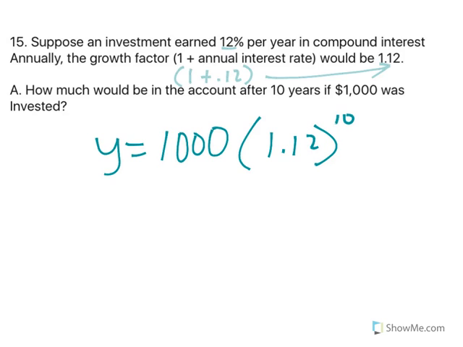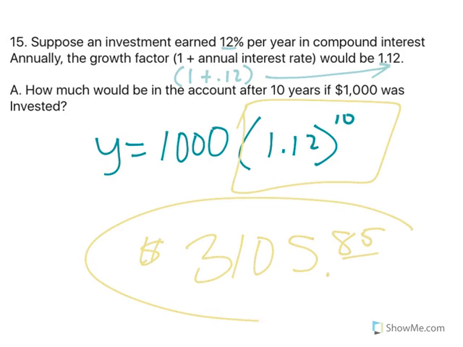Right? This is how we would figure it out. Now, mathematically, you have to do the exponents first. So depending on your calculator, some of you can type it in exactly how you see it. Some are going to have to find 1.12 raised to the 10th power, get an answer, then multiply by 1,000. But either way, you should get $3,105.85.